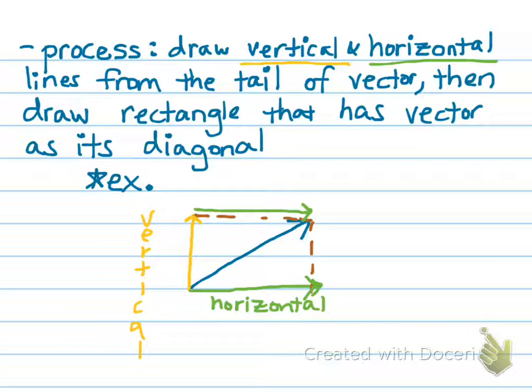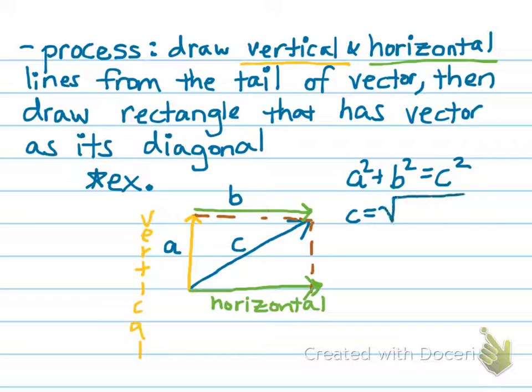So we could do math where this is a side, this is a side, and this is my diagonal, and that's the Pythagorean theorem: a squared plus b squared equals c squared. So if I want the length of that diagonal, c equals the square root of a squared plus b squared. You can use the Pythagorean theorem to figure out any of these lengths. So that's the process of resolution, where we're determining the components of the vector, the vertical and horizontal components.